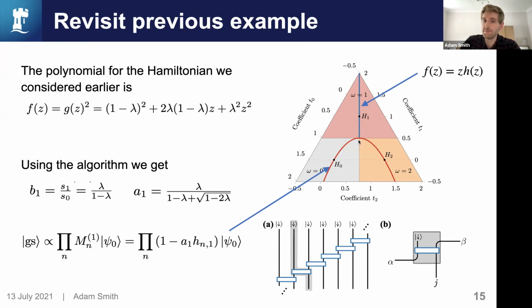That sounds very different to if I sat at this point H0, where it's a product state. If I move very slightly away, it's only slightly different to a product state. So these two cases are probably going to have quite a different dependence on how far away you are from this line.